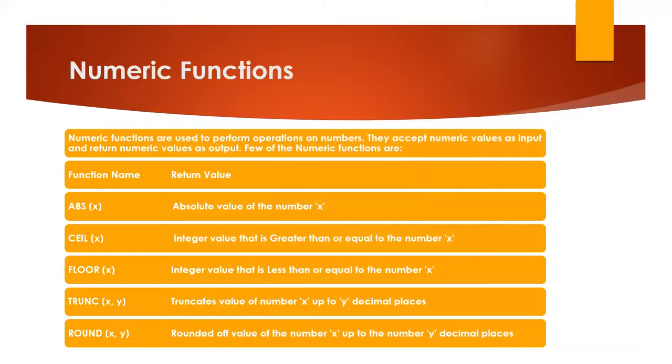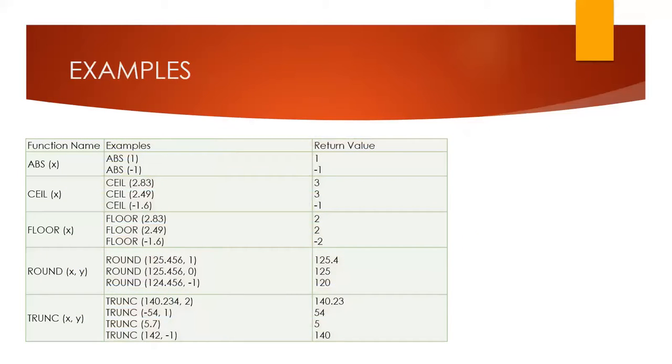A few of the numeric functions are: ABS of x, the absolute value of x; CEIL of x, the integer value that is greater than or equal to the number x; FLOOR of x, the integer value that is less than or equal to the number x; TRUNC of x comma y, truncates the value of number x up to y decimal places; ROUND of x comma y, the rounded off value of the number x up to y decimal places. These are examples of numeric functions.